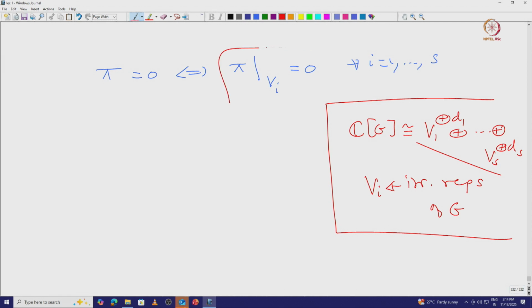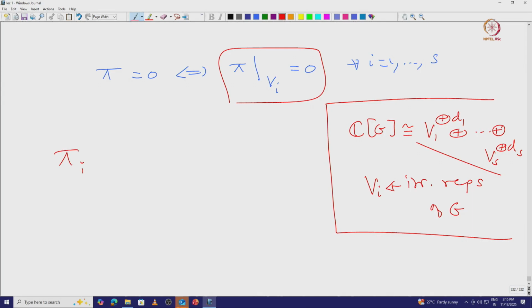So, we just prove that the restriction is 0, but if you think about it, we are focusing on only one irreducible component. That means it is enough to prove that the following sum is indeed 0.